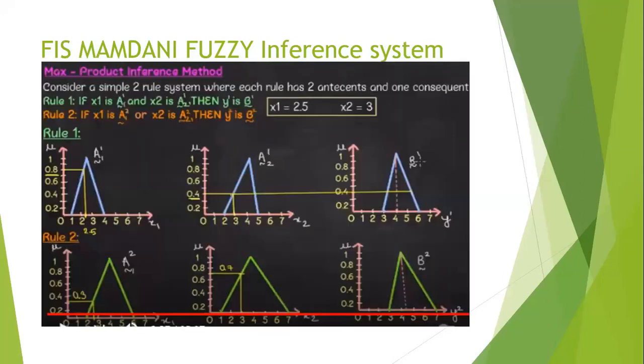Whereas in max product inference method, you are going for scaling down of the membership function.